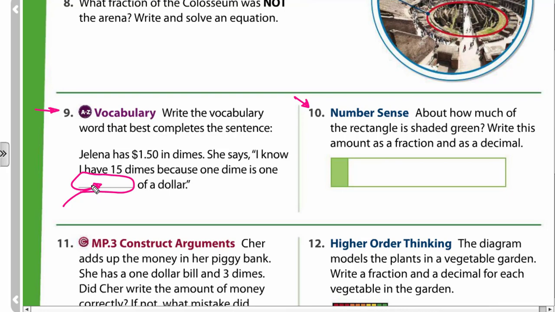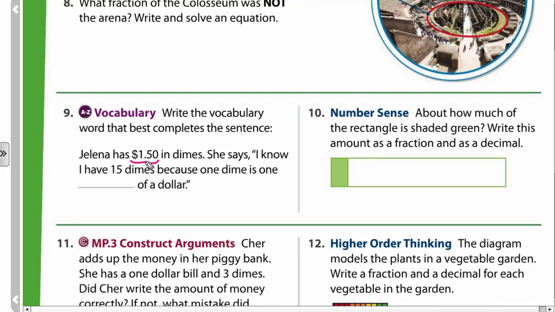Okay, let's read it first. Go ahead. Read the question. Write the vocabulary word that best completes the sentence. Jelena has one point.